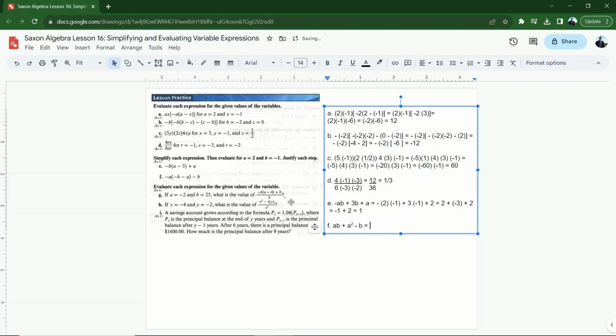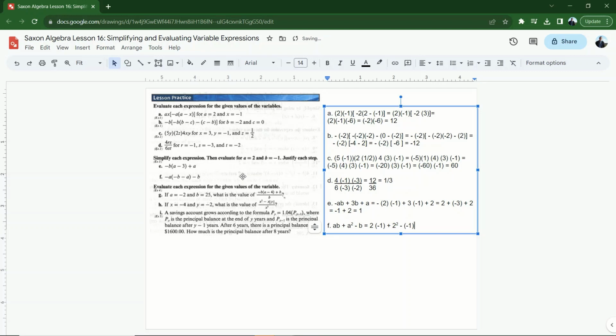All right, now I'm going to plug in the values. a is 2, so this will be 2 times b, which is -1, plus 2 squared, minus b. b is -1.